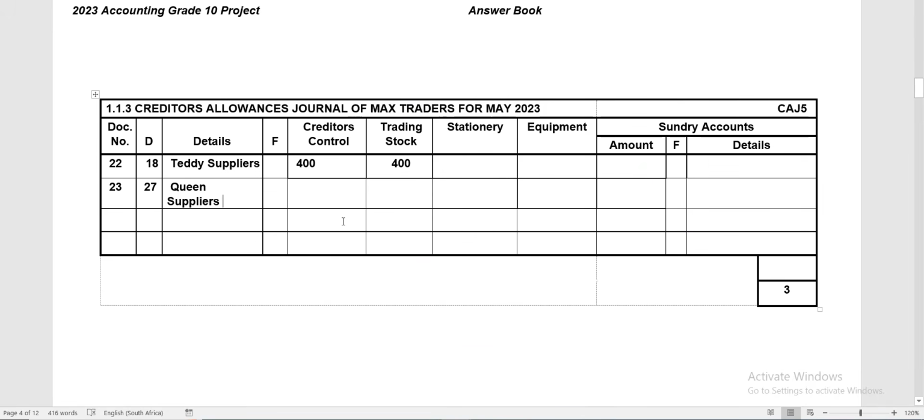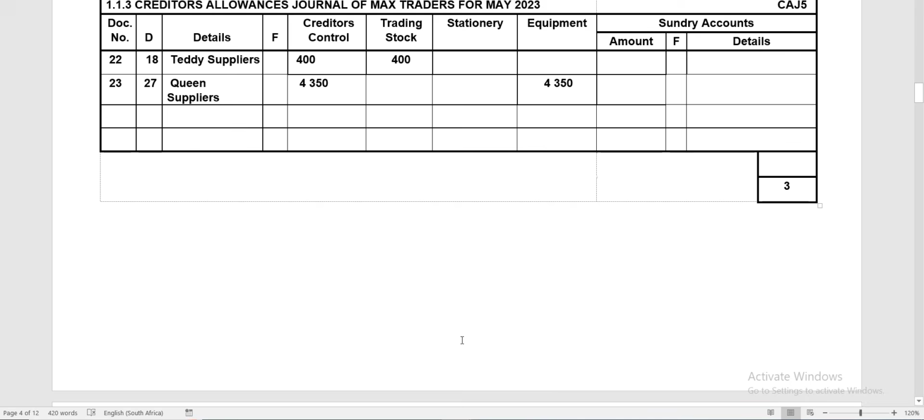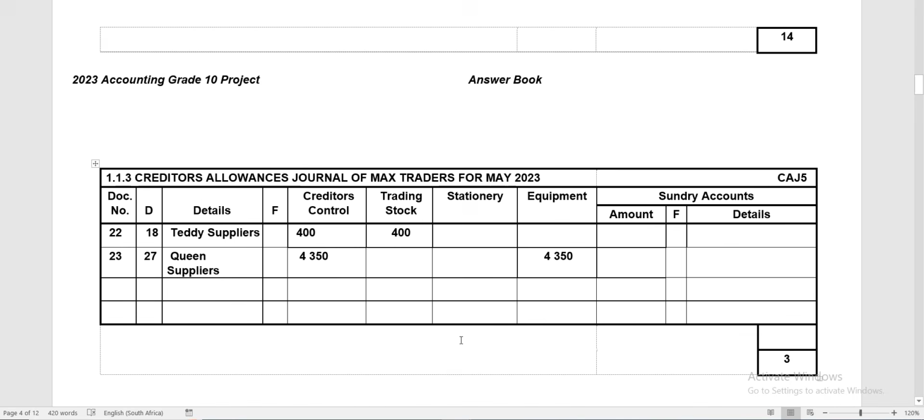I'm only interested in showing you how to move the amounts. I believe in terms of the folio, you know how to deal with this. The laptop that we are returning, that was bought on credit, is 4,350. So we need to write it under creditors control, and also mention that the return is for equipment. So we have 4,350 here.